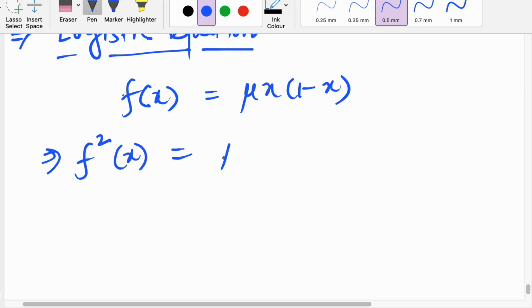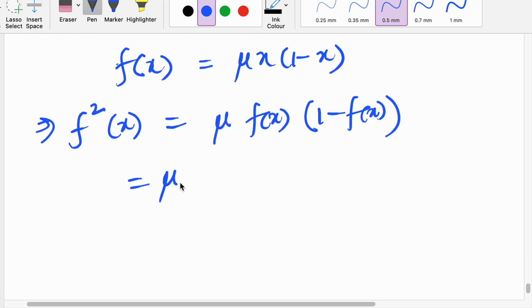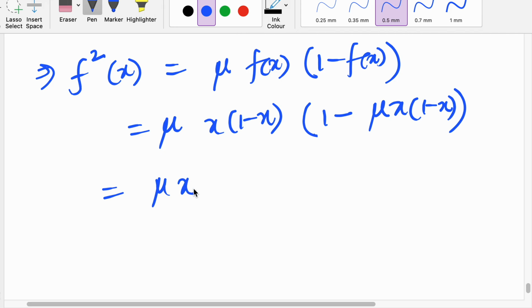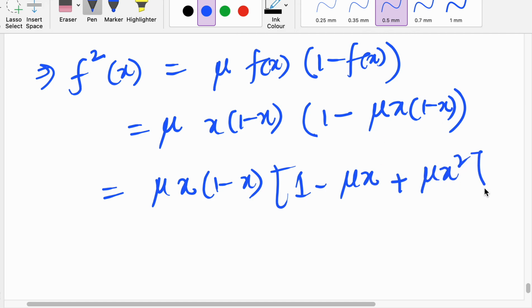That will be mu times f of x times 1 minus f of x. This is mu times x(1 minus x), and this is 1 minus mu x(1 minus x), which is 1 minus mu x plus mu x square.